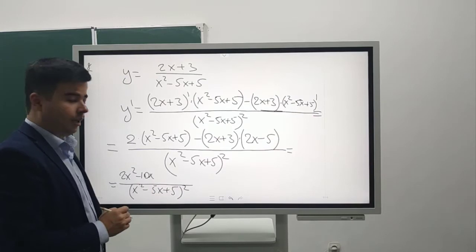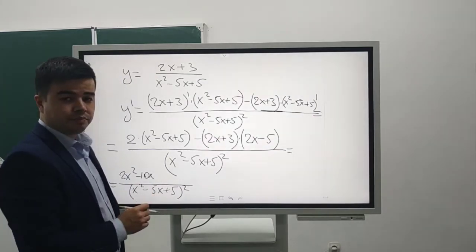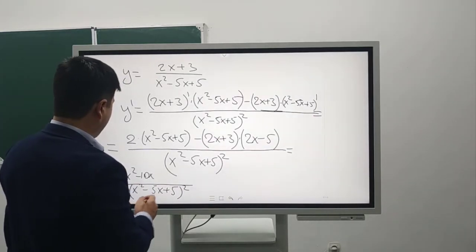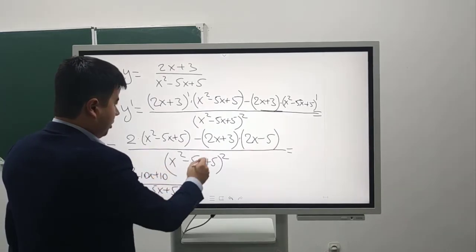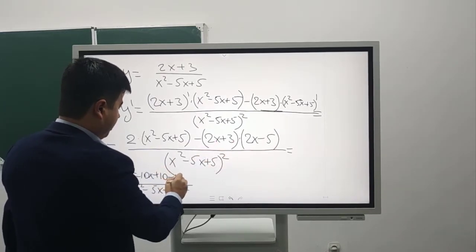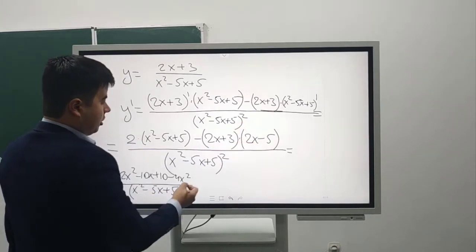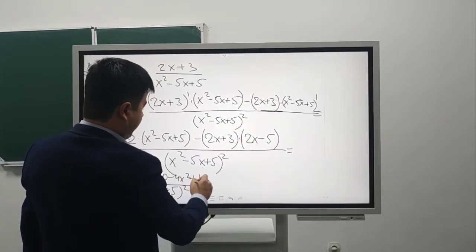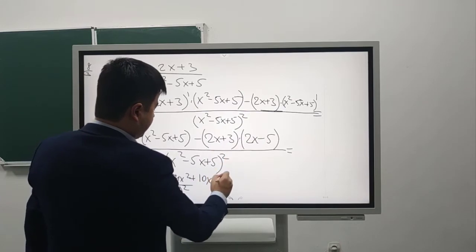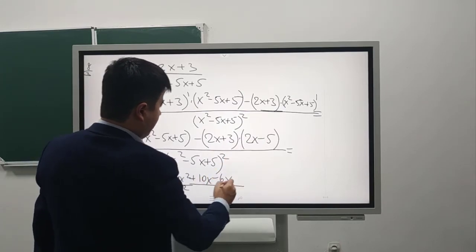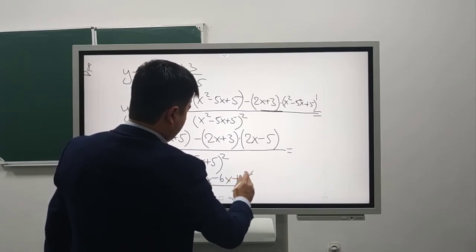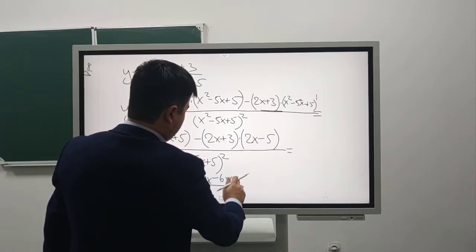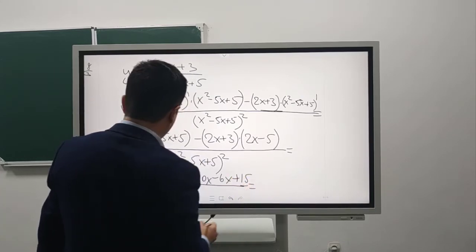We need to simplify this expression and get the final answer. Plus 10. Here we have minus 4x squared minus plus 10x minus 6x and plus 15. Okay, let's continue.